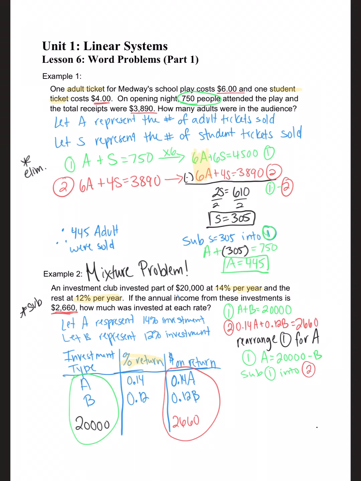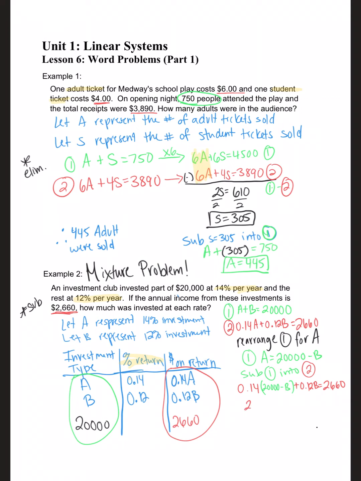So we have equation 2 is 0.14, and then instead of A, I'm going to put my brackets here because that's what I'm going to substitute in. So I'll have 20,000 minus B, plus that 0.12B equals 2,660. And then we will just distribute that into our brackets.